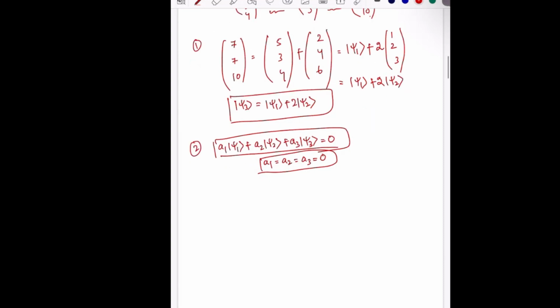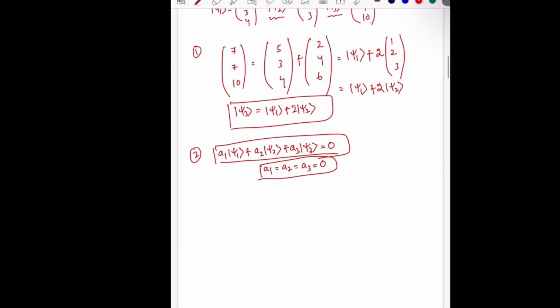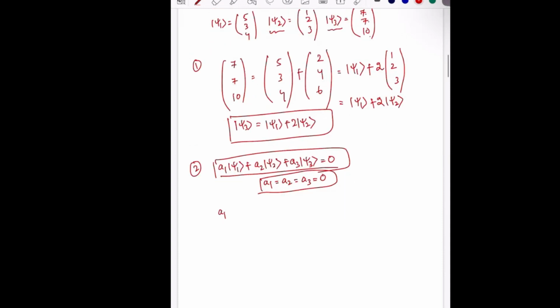Let's check then. So first, a1 times 5, 3, 4 plus a2 times 1, 2, 3 plus a3 times 7, 7, 10, and you want to equate it to 0, 0, 0.